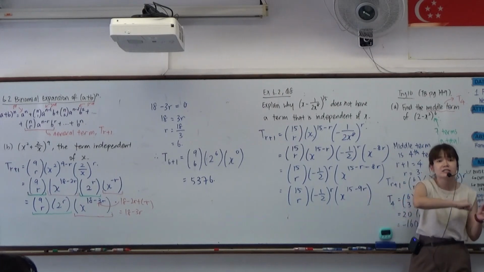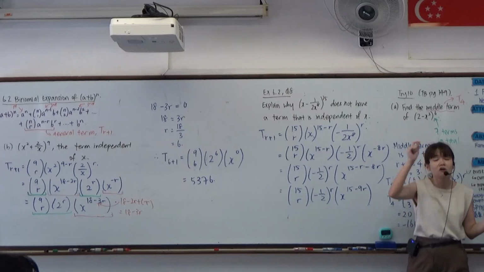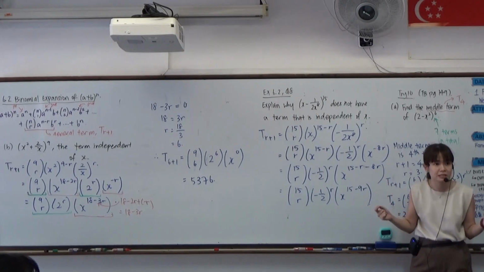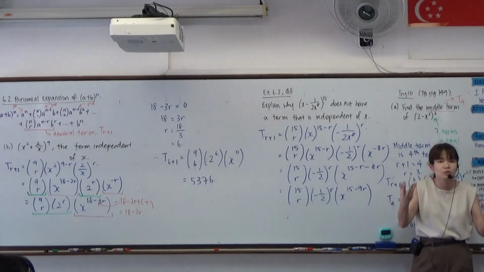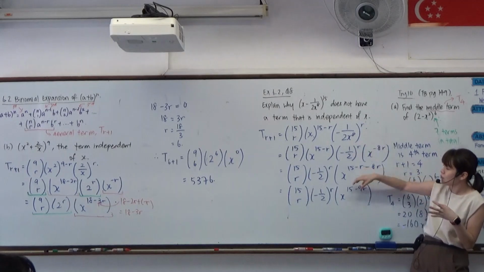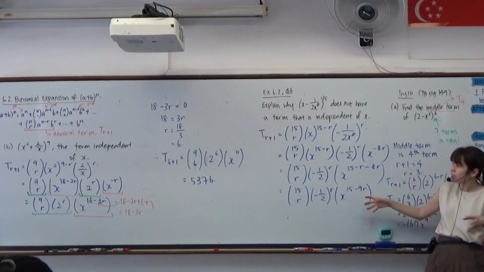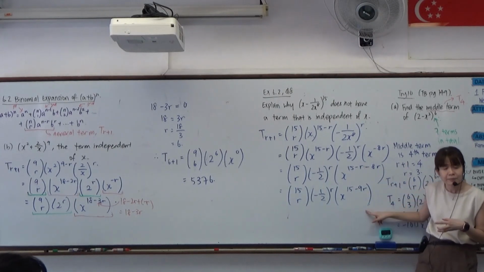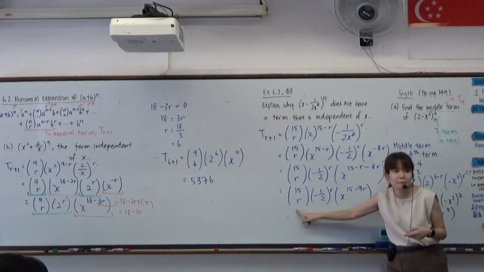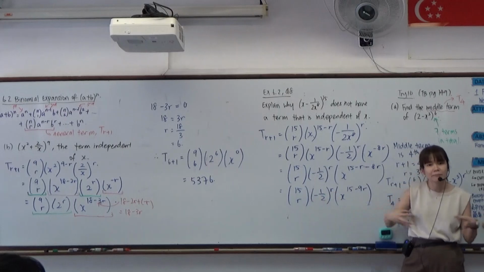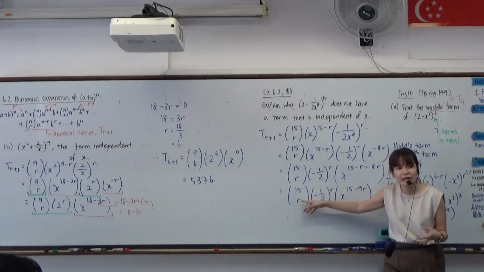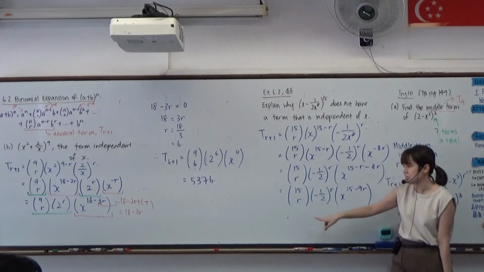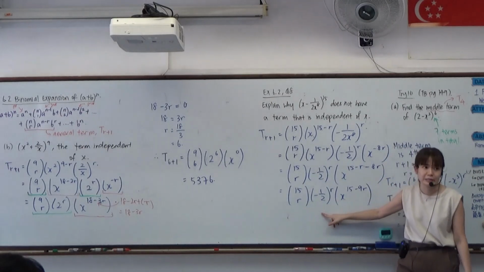I cannot have my x all over the place. If x is all over the place, it's going to be very difficult to know what the power is going to be. So I need to have all my x combined together into one part. This numerical part, the coefficient part, cannot be combined together, otherwise it will be even more messy. So we just leave it in this manner.